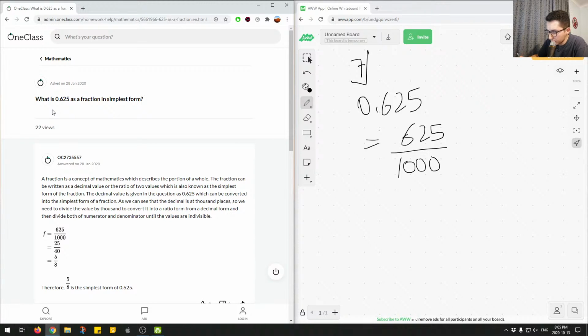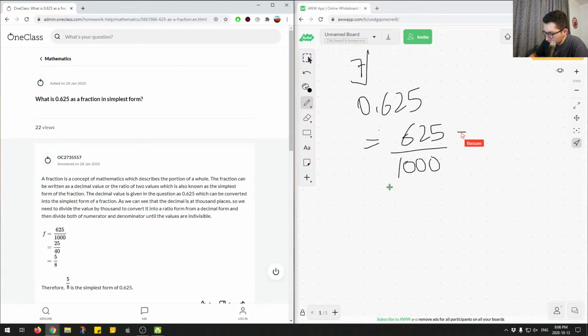So 625 over 1,000. And then here we can divide by things that are divisible by 625 and 1,000. Right away I see this 25 over here, and there's 600. I know 100 is divisible by 25 for sure. That means 600 is also divisible by 25, that means 625 should be divisible by 25, and we know 1,000 is also divisible by 25.